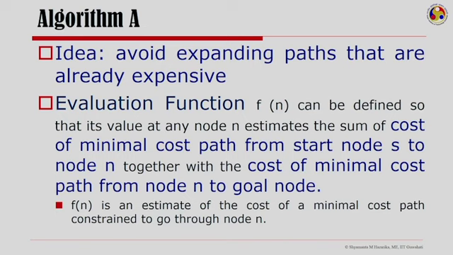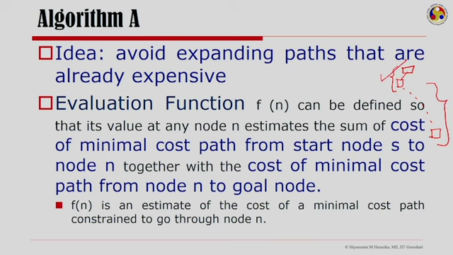So, if you have a start node here and somewhere down the line you have a goal, then the evaluation function that I use for algorithm A is about an estimate of the cost that I need to expand to come to this node, the cost of coming from here to that particular node, and then the cost of going from this node to the goal. And this estimate gives me the value of the evaluation function.